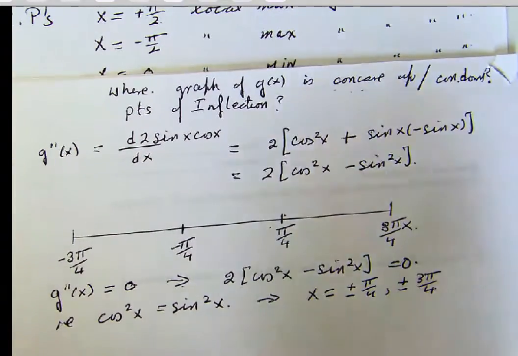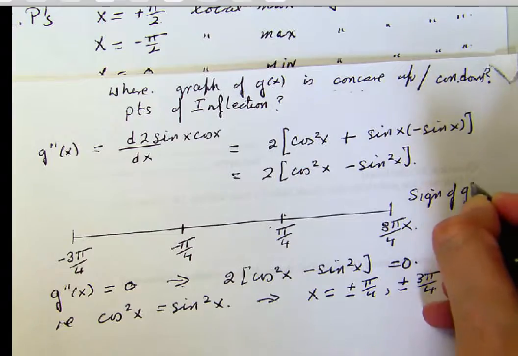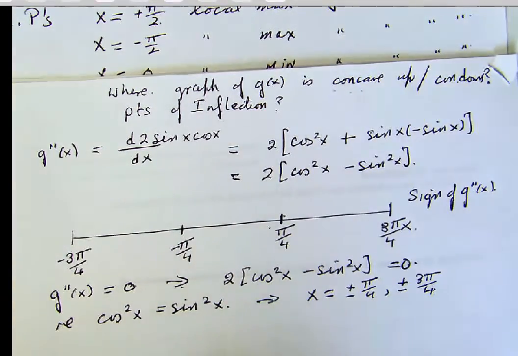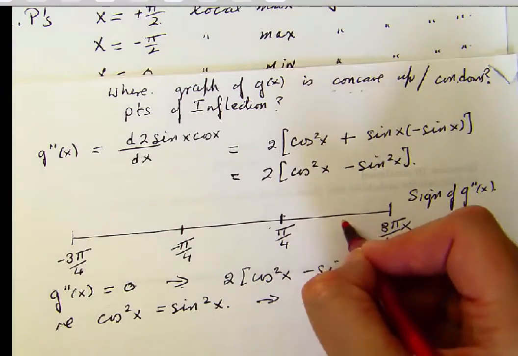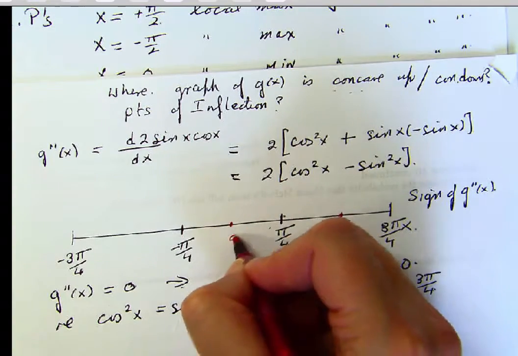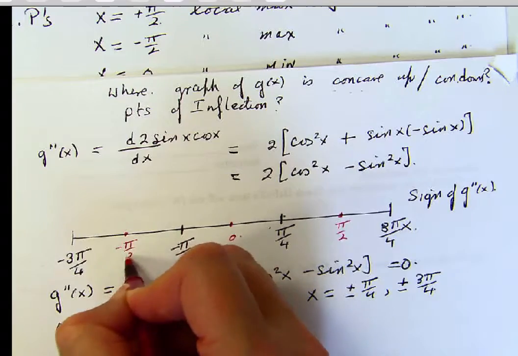So we'd like to figure out the sign of g double prime on these intervals, and we have our formula for g double prime, and we can just pick a point in these intervals and figure out whether g double prime is positive or negative. And so a good point there is pi over 2, a good point here is 0, and a good point here is minus pi over 2.